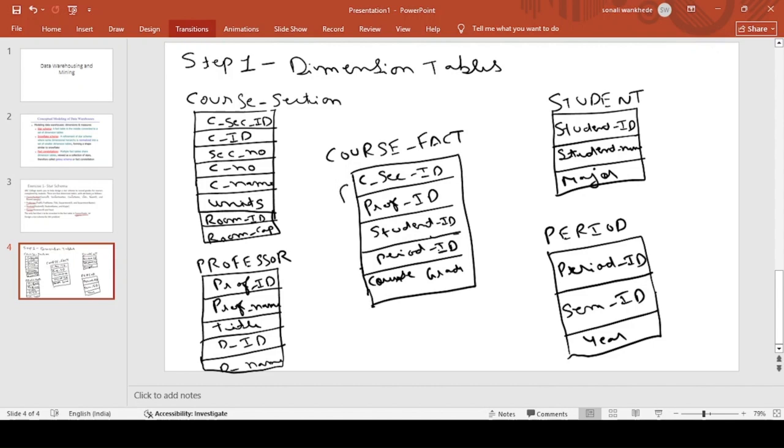So over here, these four values belong to the dimension tables. The first value is taken from the first dimension table, which is course section ID. I'm going to specify it with an arrow.